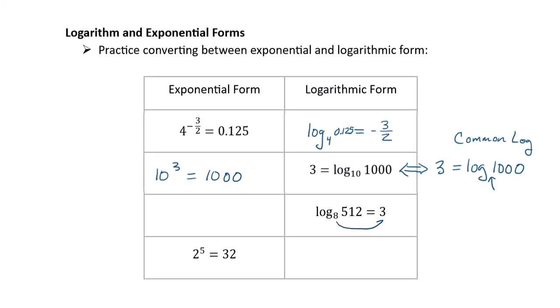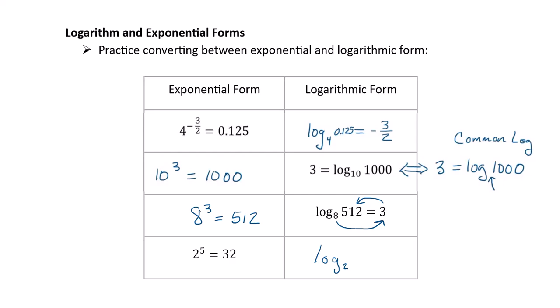8 to the third is 512. Now exponential form to logarithmic form. Let's go ahead and write our log. Our base is 2, so we write that 2 in a subscript position.